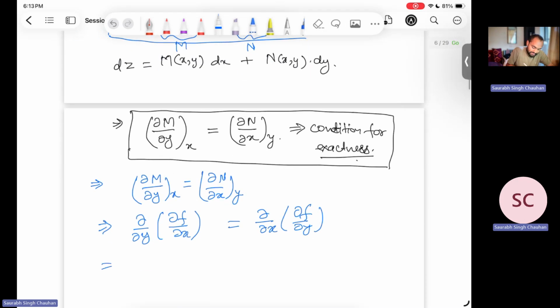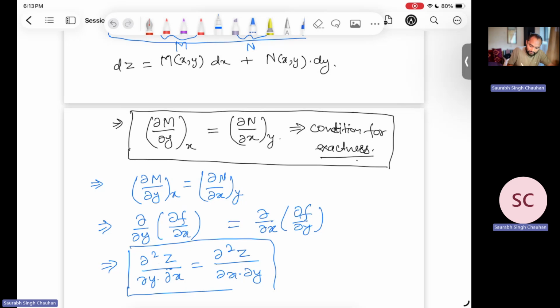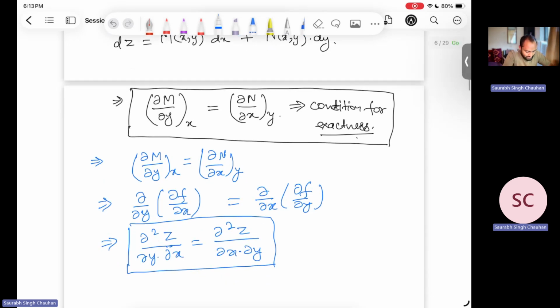So we have del square f by del y del x equal to del square f, or let us write z itself, del square z by del x del y. If z is the function of x and y, you can differentiate with respect to x first and then with y, and you will get a certain expression, and you can also differentiate with respect to y first and then with respect to x.